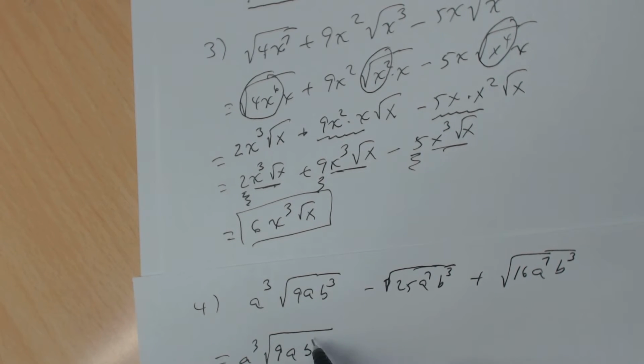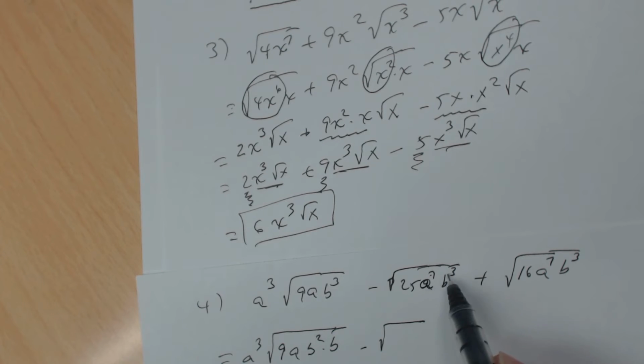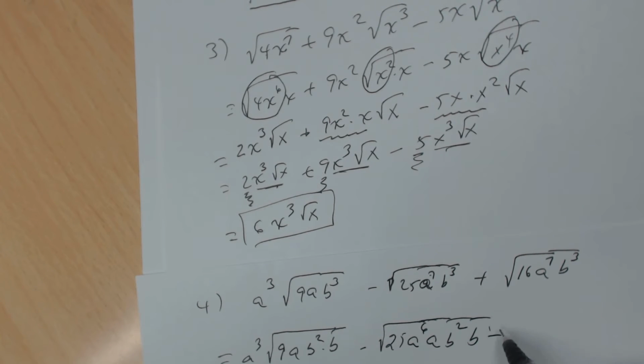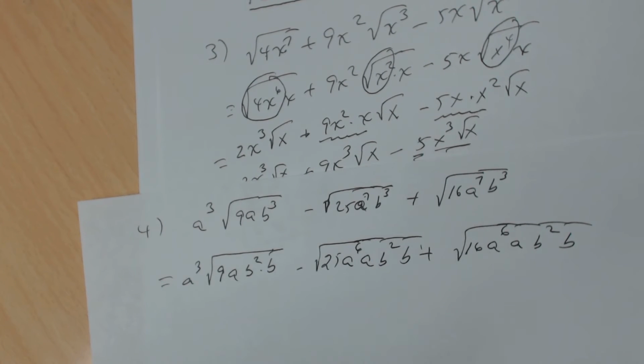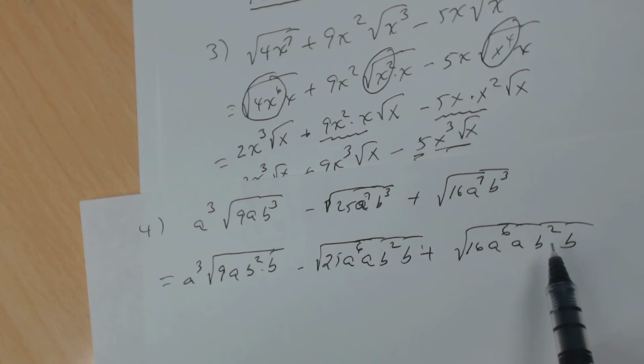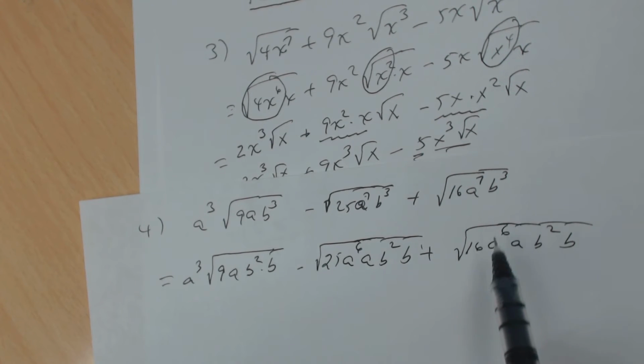So it'll be b squared times b, which is b cubed, minus, and then over here, they're both odd, so I'm going to get 25 a to the 6 times a, b to the 2nd power times b, plus the square root of 16 a to the 6 times a, b squared times b. Alright, so a to the 6 times a is a to the 7, b squared times b is b cubed.